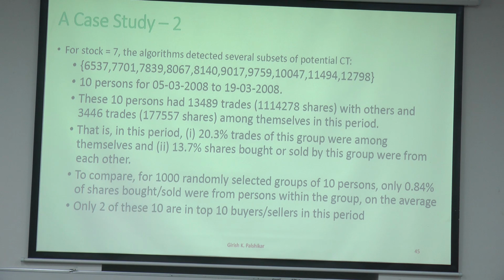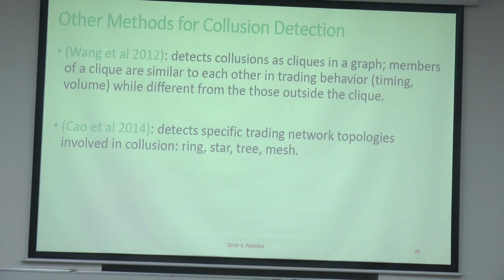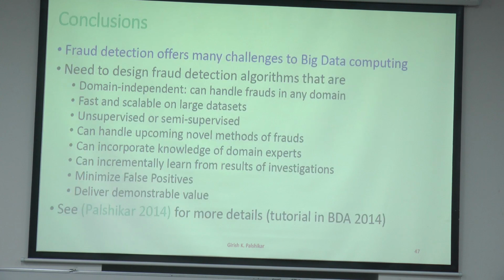This was actually verified by the stock exchange. They were quite happy, and this is actually a system in execution in one of the large government agencies which monitors the stock market. So there are other methods. I will skip all this and I will stay here for a minute. I just want to say 1 or 2 other things.